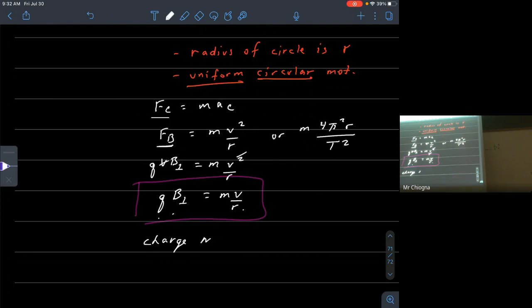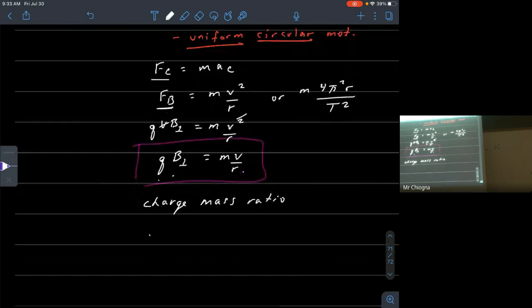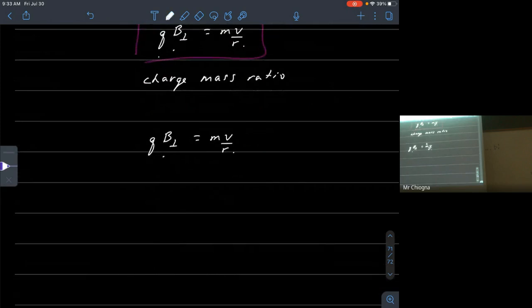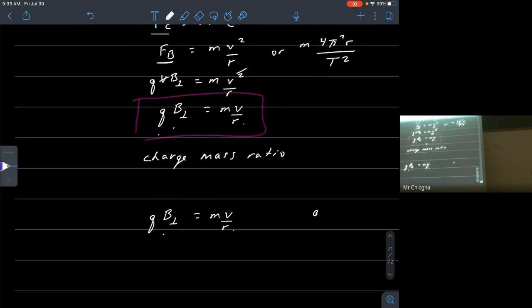Charge mass ratio. That's a common question. What's the charge mass ratio? That's just this. Charge mass ratio is Q over M, so you just rearrange it for Q over M. Q over M is equal to v over B perpendicular r.